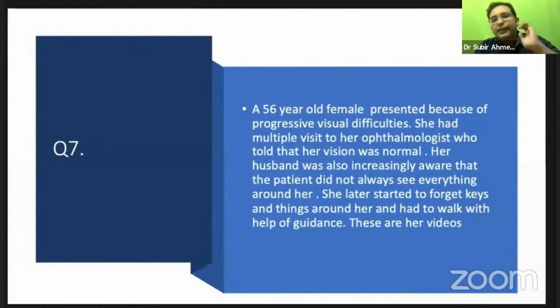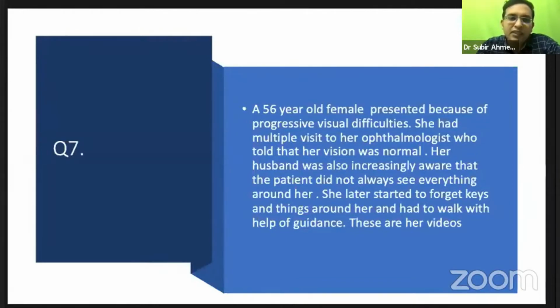So this is a challenging question which I'll ask you. You can read the question and try to answer it. Read this question carefully. A 56-year-old female presented, she is right now in my ward, because of progressive visual difficulties. She had multiple visits to her ophthalmologist, who told her that her vision was perfectly normal.